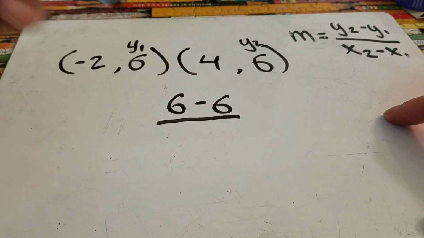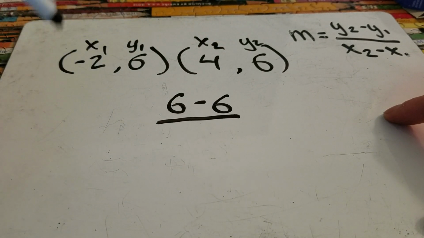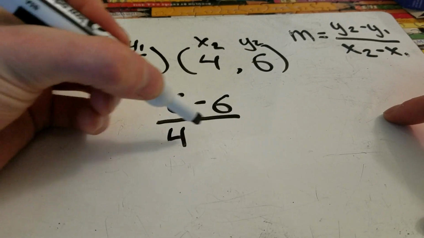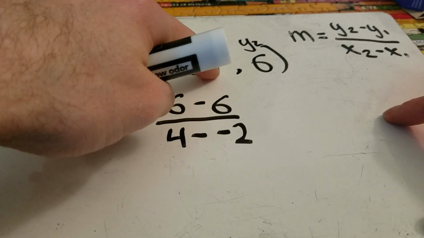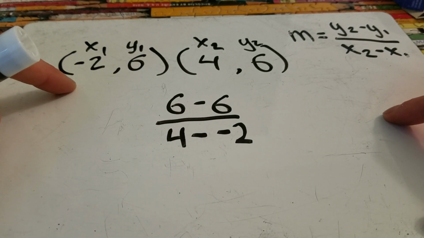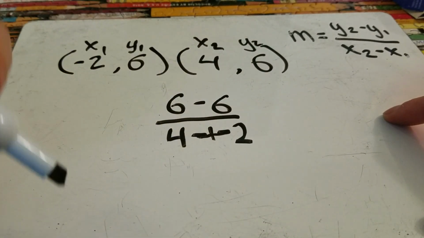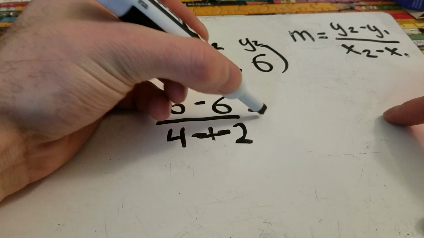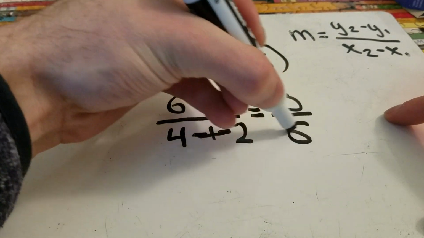On the bottom of my fraction, I'm going to do x2 minus x1, which is 4 minus negative 2. That will turn into a plus sign. 6 minus 6 is 0, and 4 plus 2 is 6.